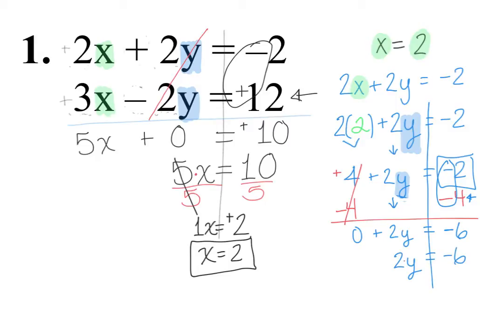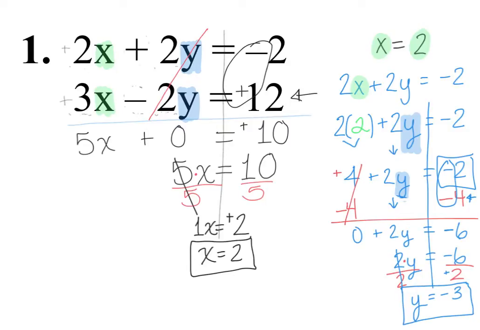Get rid of that 2, which is being multiplied, by dividing it. Remember, the last step is always going to be to divide. 2 divided by 2 is 1, so I get 1y, or just y, equals negative 6 divided by positive 2, different sign, so that's negative. 6 divided by 2 is 3.